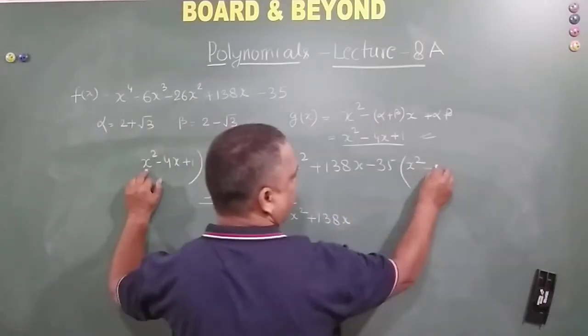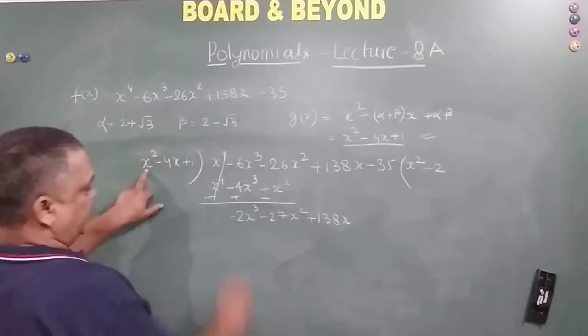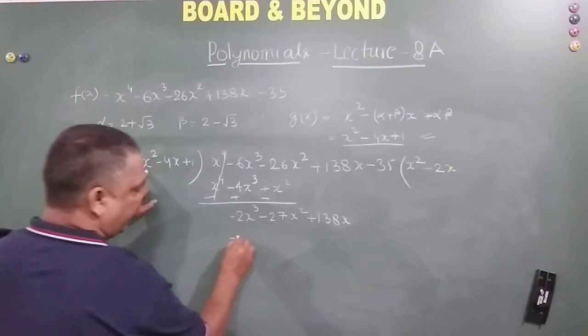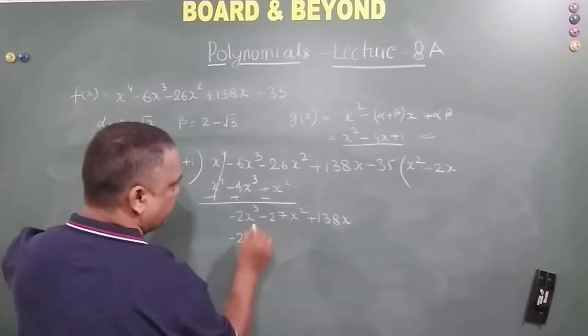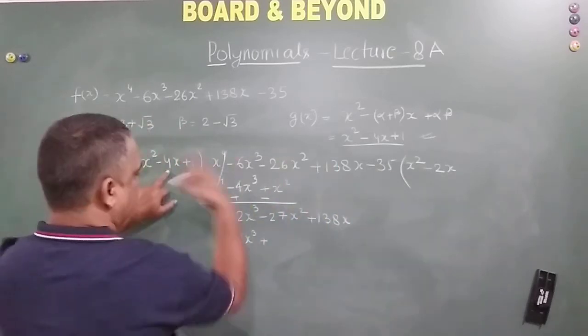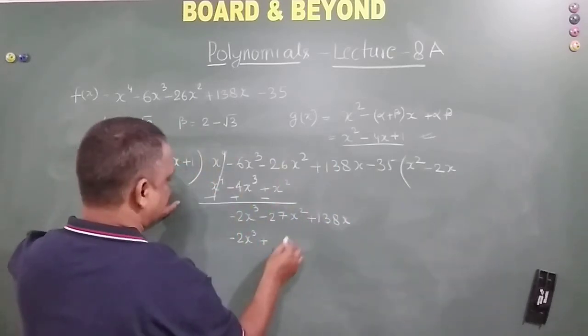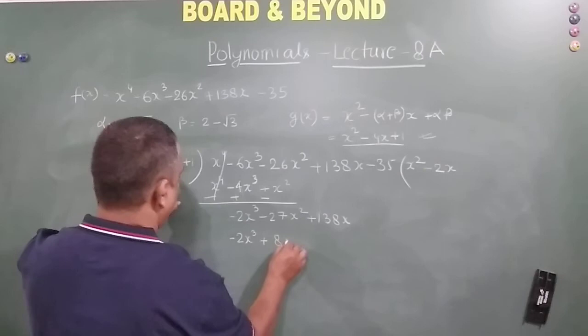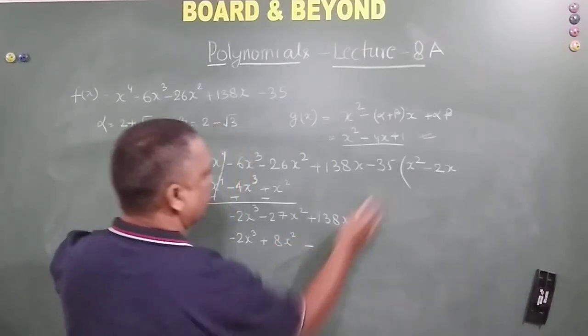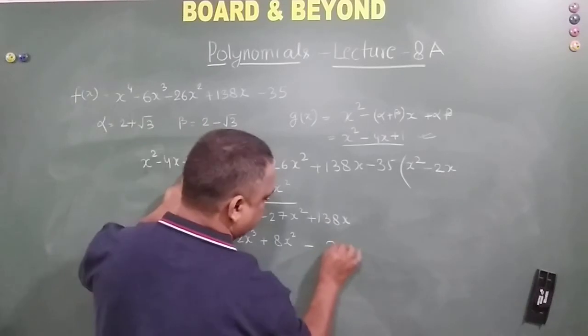Now I need to eliminate this. So first I write minus 2. Then x needs to be cubed, so I write x. Minus 2x cubed. So this becomes minus into minus, it becomes plus, so plus 8x square. This becomes minus 2x.